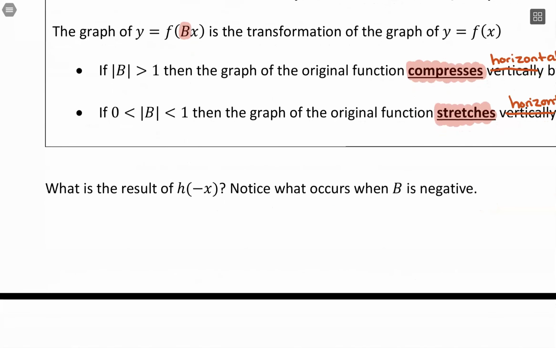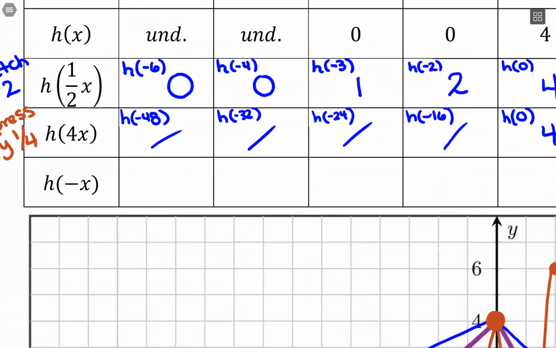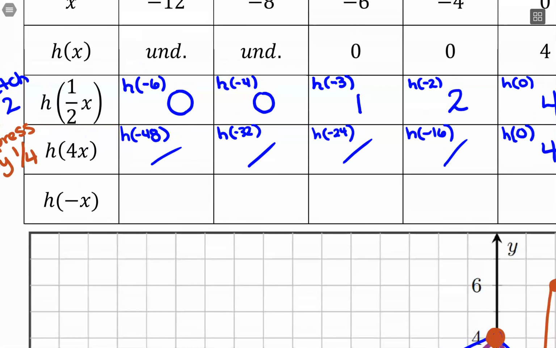Okay, h of negative x. What happens if our value is negative inside there? So if I just change the sign of my x values, like this would be h of positive 12, which we don't have defined. Nope. Okay. H of 8 we have as positive 6.